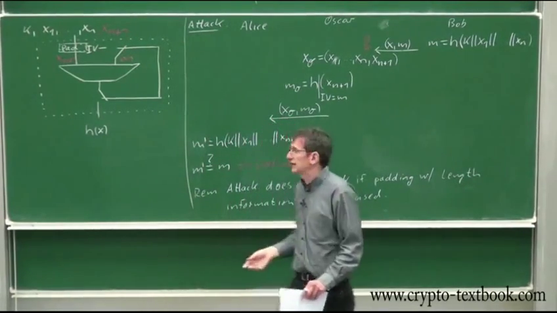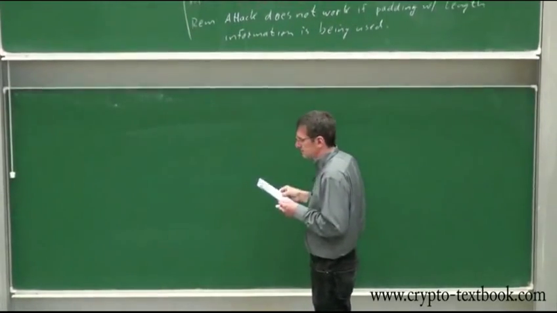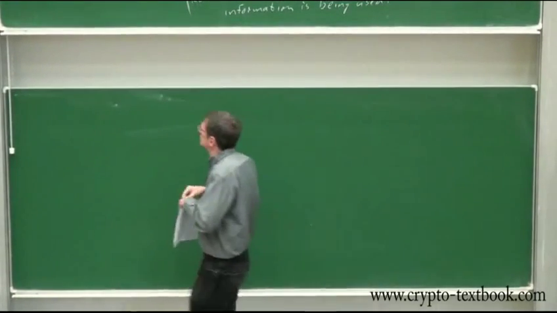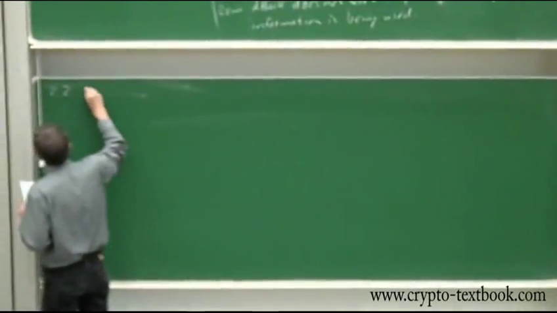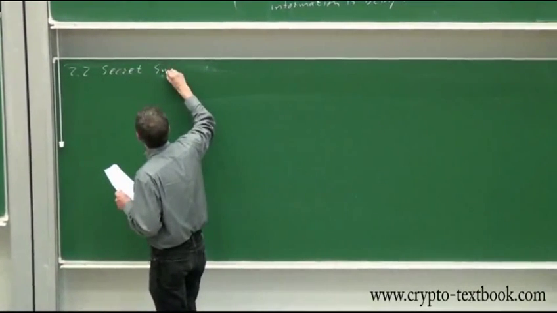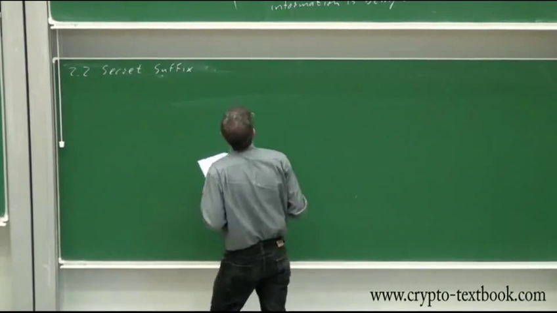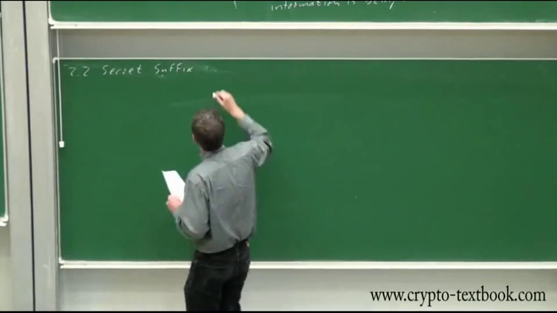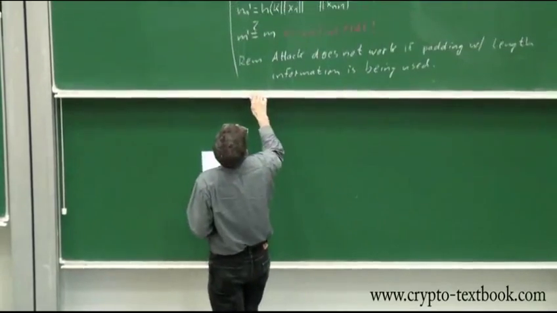So from this discussion, it seems as though we can do the other thing, which is section 2.2, secret suffix, Nachsilbe. Secret suffix, what did they call that?